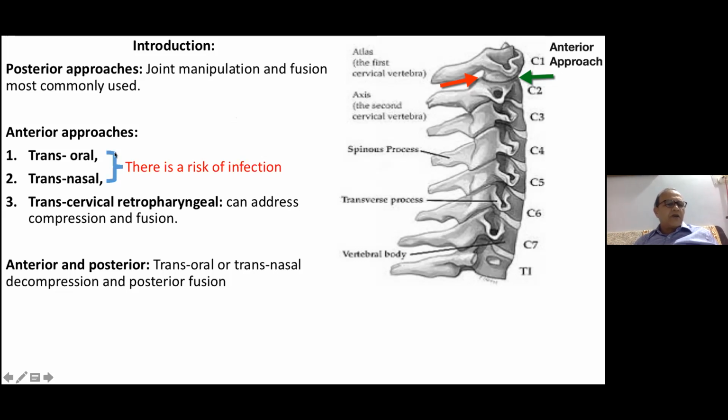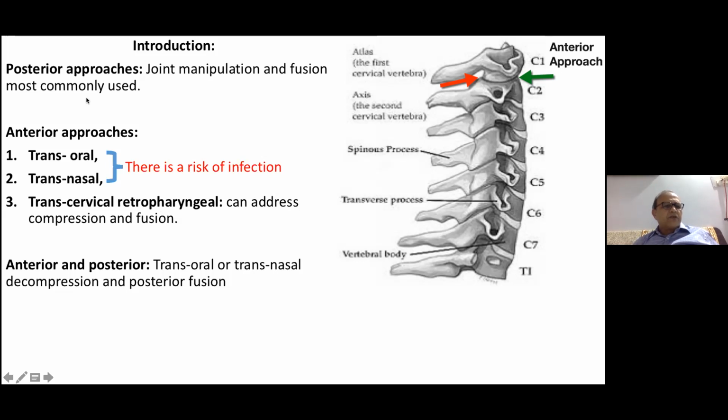The disadvantage of transoral and transnasal approaches is that there is some risk of infection, especially if you plan a fusion. So this is a little disadvantage, but in transcervical approach, this problem is not there, because you go through the sterile area.